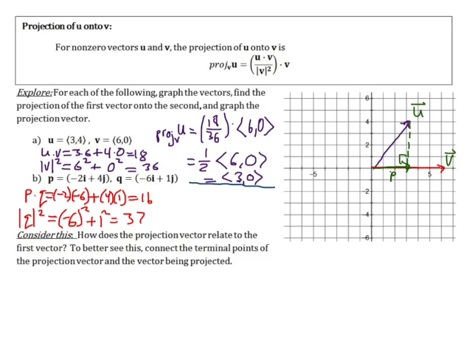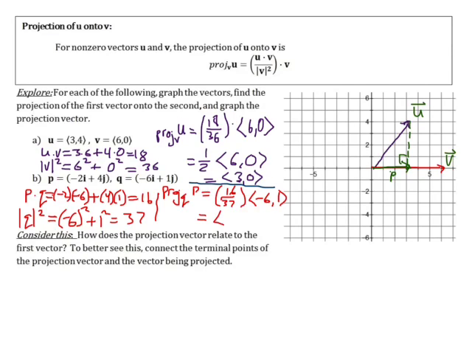And so our projection of P onto Q is 16/37 times Q, which is -6, 1.